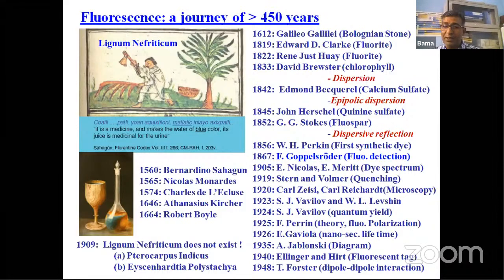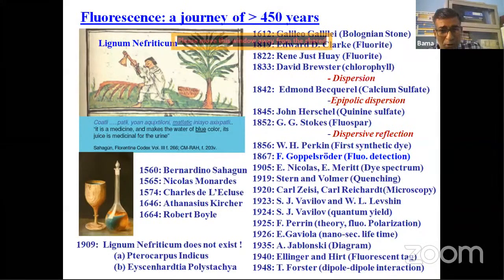Then Vavilov and Levshin. Vavilov in particular is credited for the fluorescence quantum yield. Perrin gave the theory of fluorescence polarization, which Vavilov and Levshin had observed experimentally. Then famous is the Jablonski diagram, which gave the molecular basis to this process, and Forster, of course, gave the dipole-dipole interaction, and many more.